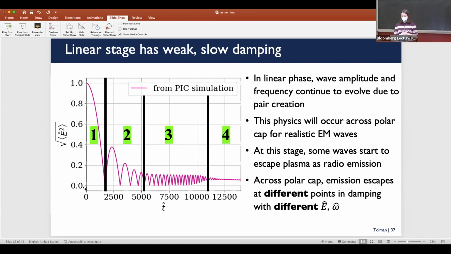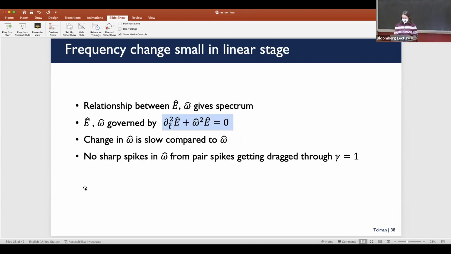And these will have different values of the electric field strength and of the frequency. The relationship between these will give your spectrum, because you have different things coming out, you see them all, and that gives you the spectrum.